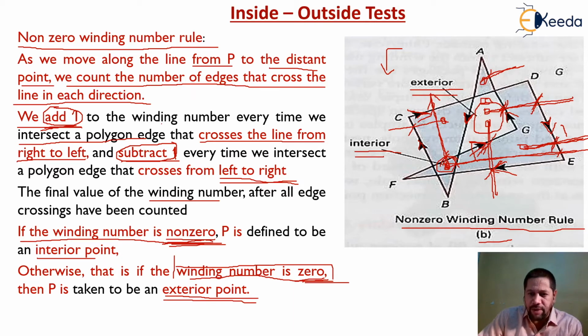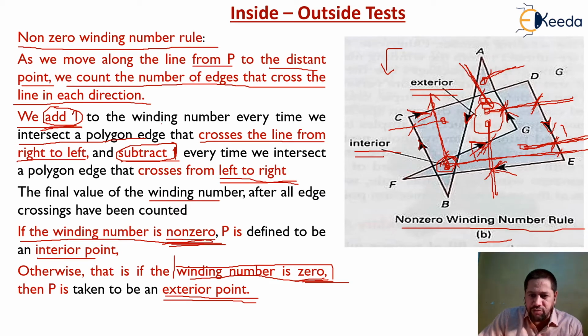Now I'm moving in this direction. You can move in any direction. What is my first edge crossing? This is my first edge, it is crossing, and another edge it is crossing. I'm moving from this point to this point. I want everyone to take it carefully.